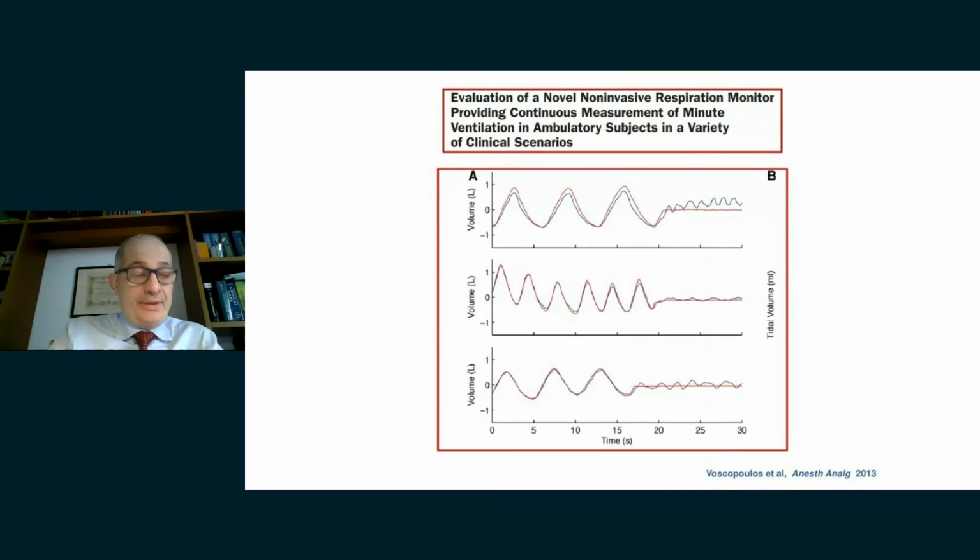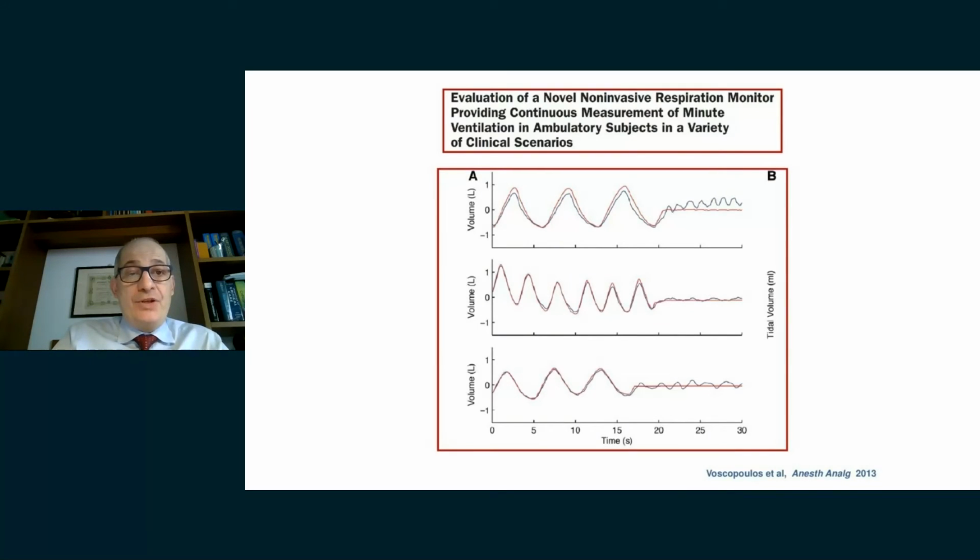And what is also important, the respiratory ventilator monitoring can also detect the inspiratory effort not detected by spirometry. The red line is the spirometry, and the blue is the device.